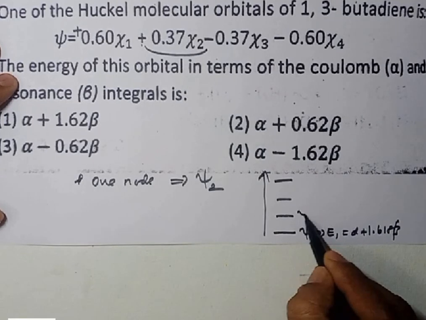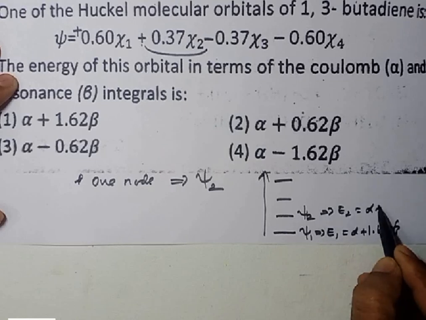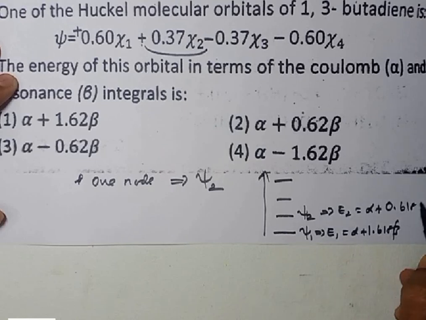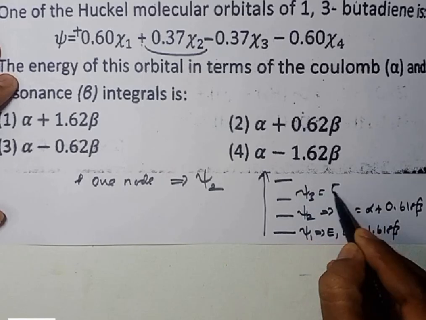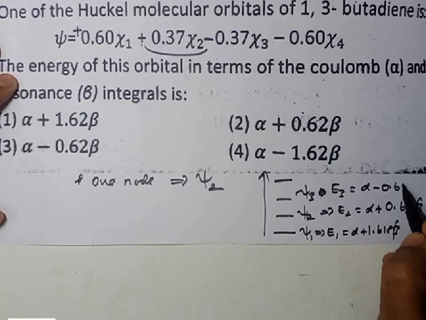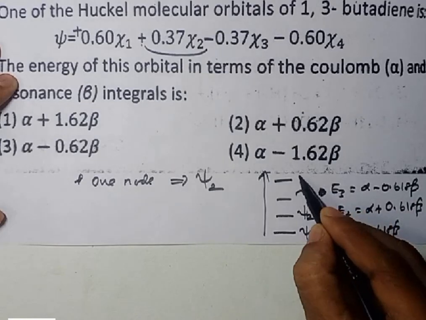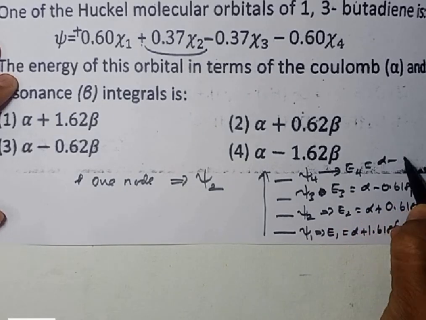The second molecular orbital, psi 2, has energy alpha plus 0.618 beta. The third, psi 3, has energy E3 equal to alpha minus 0.618 beta. And the fourth, psi 4, has energy E4 equal to alpha minus 1.618 beta.